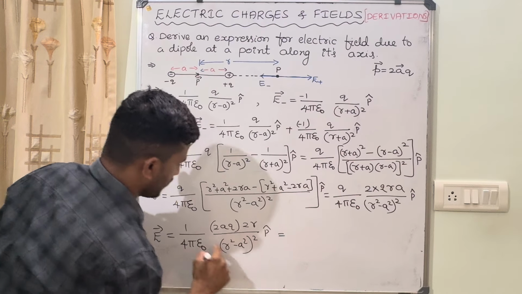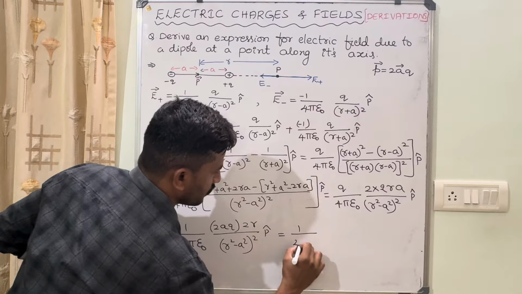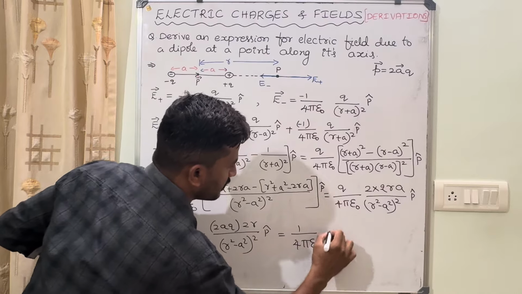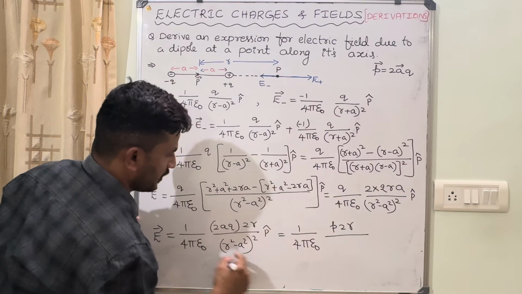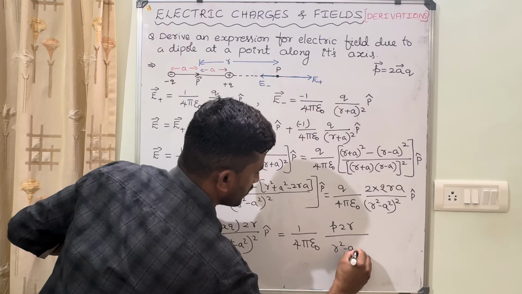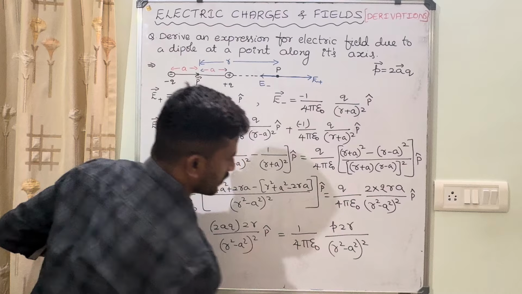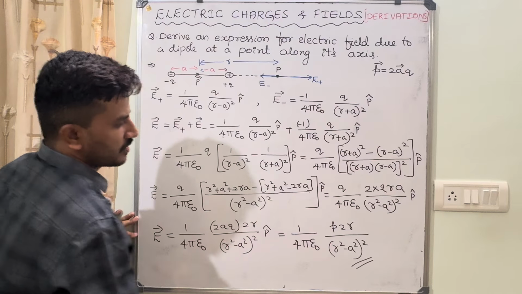So this we can write as 1 over 4 pi epsilon naught small p 2R divided by R square minus A square whole square. So this is your final answer with P cap.